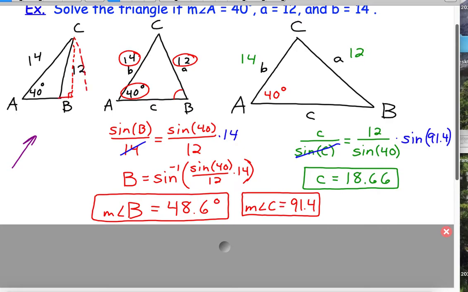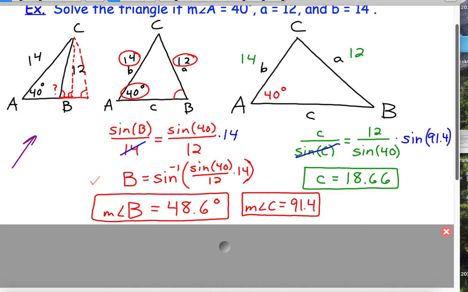And if the 12 units went over to there, you'll notice that this is an isosceles triangle. So this angle here equals this angle here. And therefore, this angle here in our other triangle will be supplementary to the answer we got for angle B in this step here.